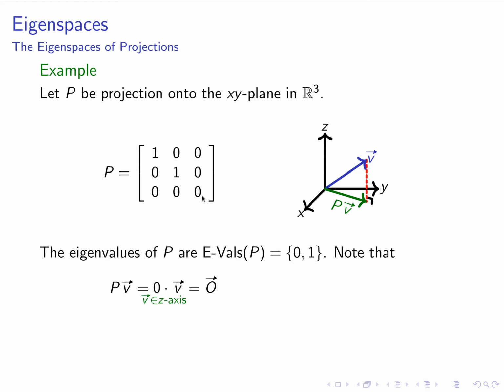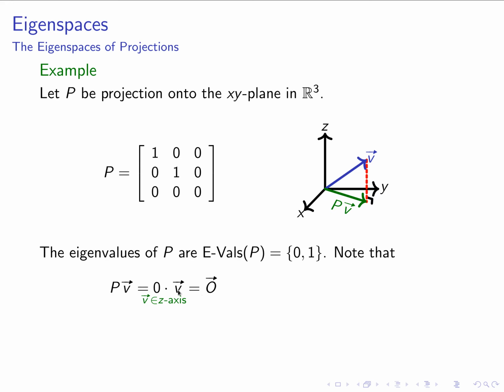There's another way to think about this, though, and that's through the lens of eigenvectors. Let's think about the equation P times v equals 0 times v. That is really the same thing as saying P times v equals the 0 vector.